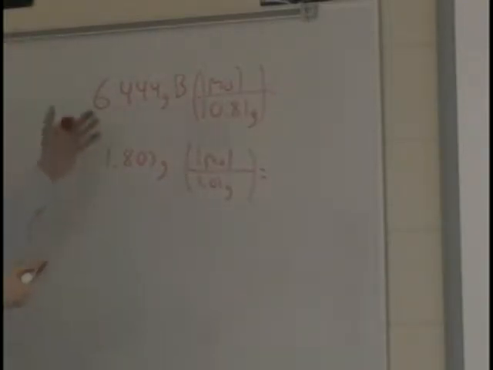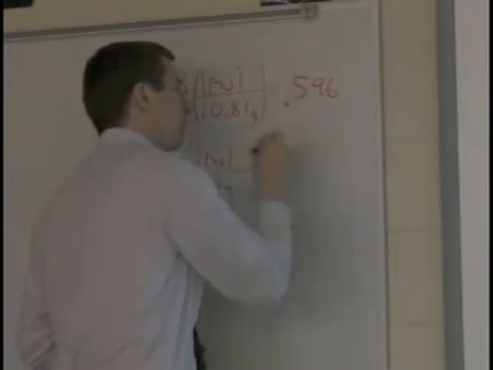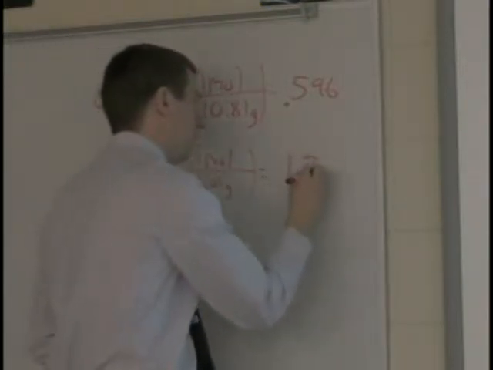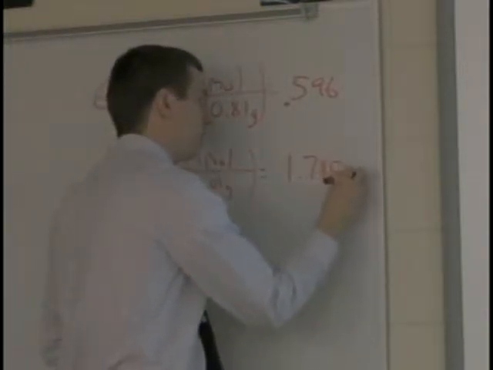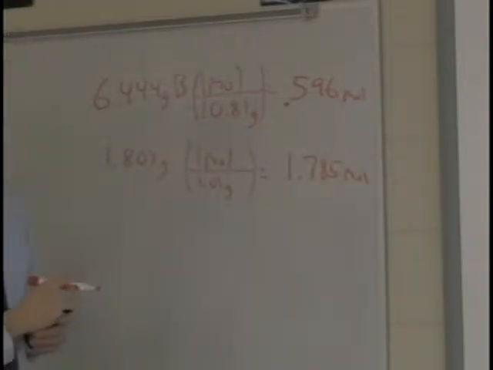We cannot compare grams directly from one atom to another because grams are different depending upon the atoms. Some atoms are larger than others. But moles we can compare from one another. I get 0.596 for my moles here, and I get 1.785 for my moles here. This is not a simple whole number ratio.